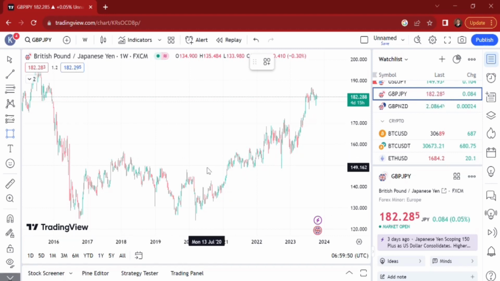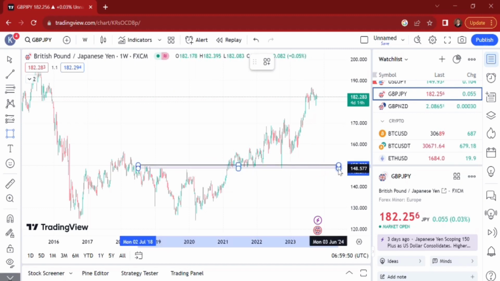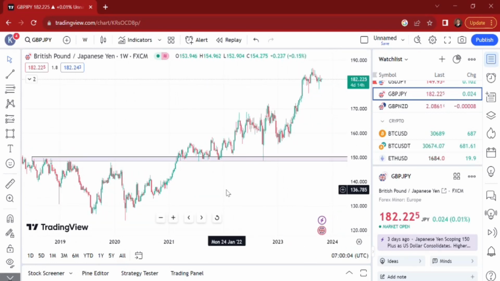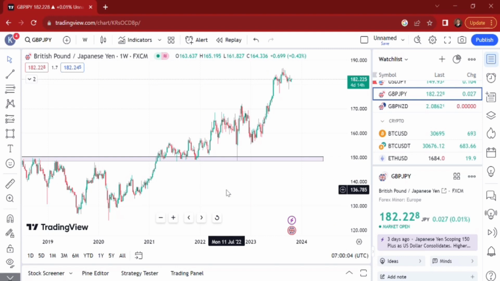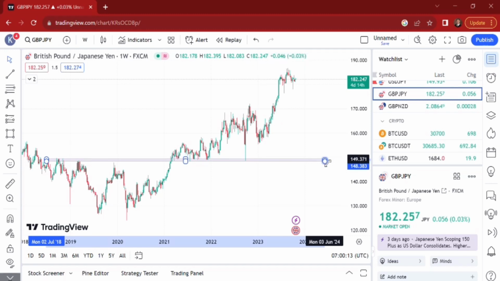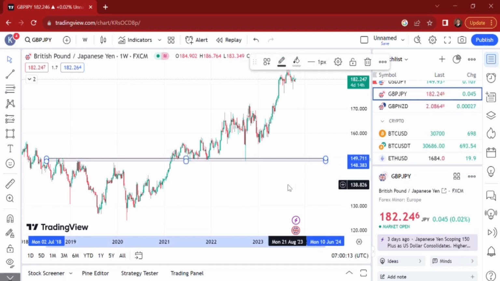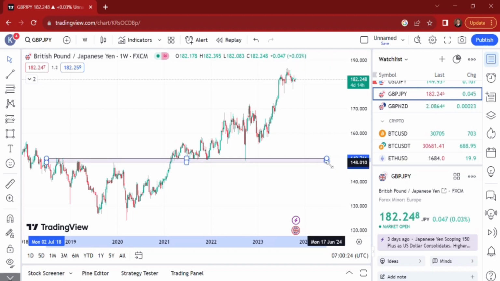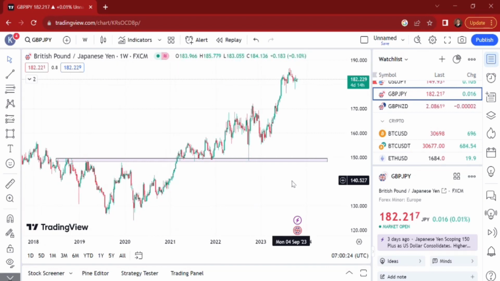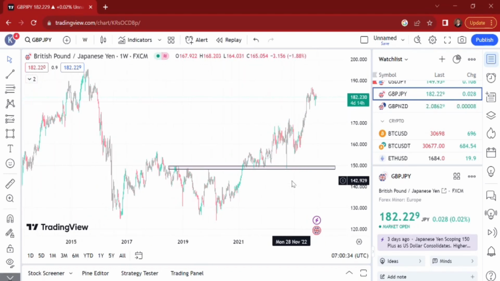From here I can see the price has so many touches from this point here, from this point here. See, the price has so many touches from this point. Yeah, that's one.